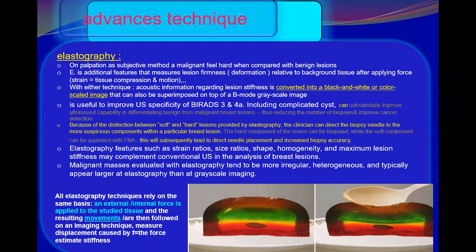It can decide which part of the lesion is more suspicious to take the biopsy from. And as you mentioned, the elastography feature is stiffness, and the more stiff, the more suspicious or more malignant, and the softer are usually benign lesions with some little overlap.